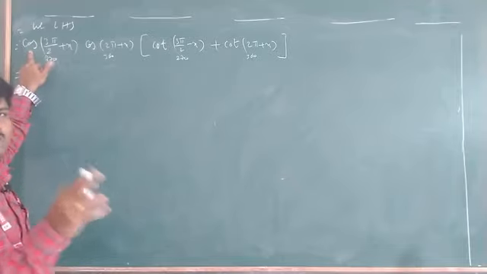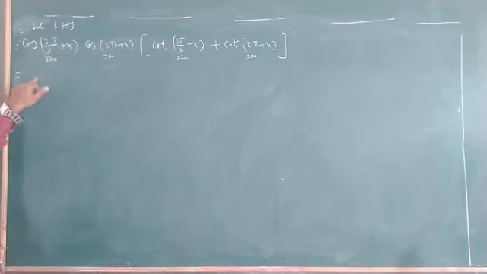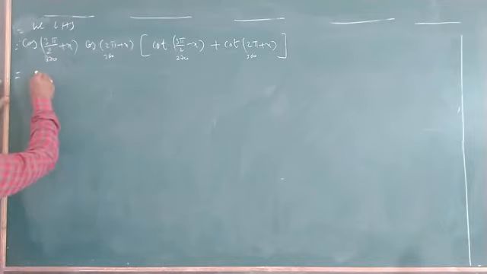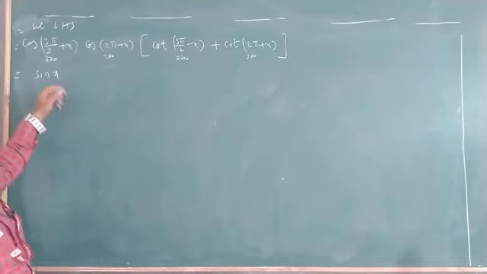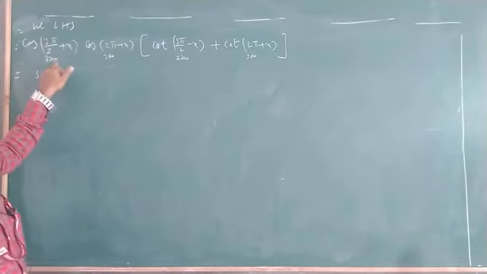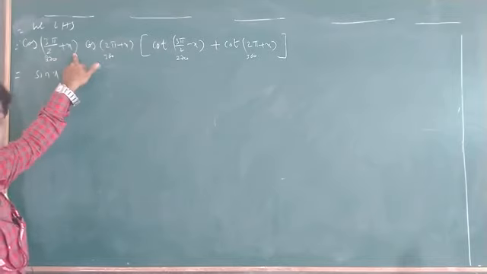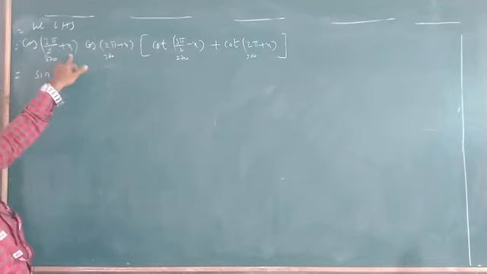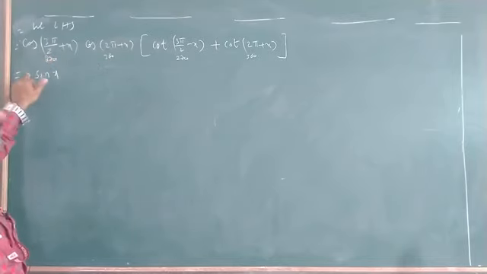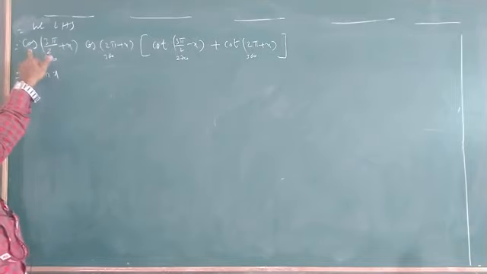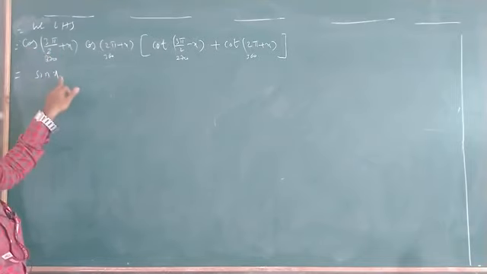So this value will be positive. Since it is 270, cos changes to sin. So we get sin θ, which means sin x.